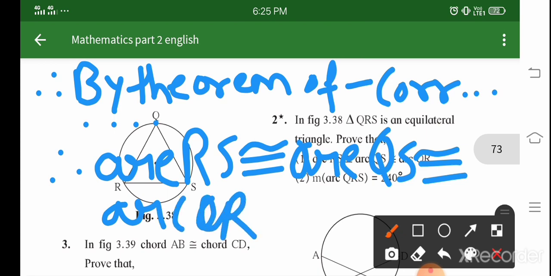Make it condition number 1, because we'll need it in the next question.